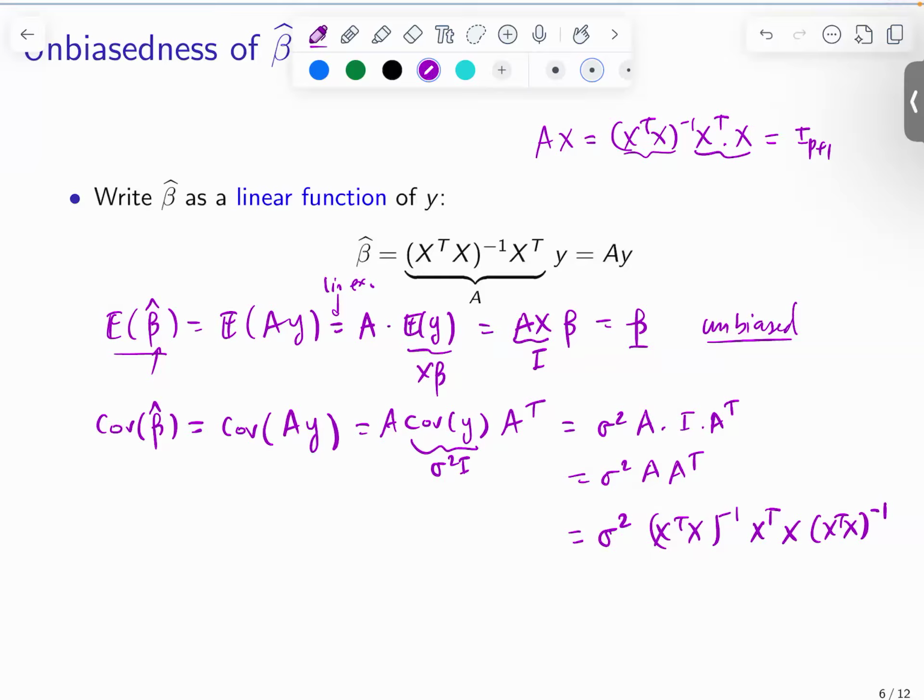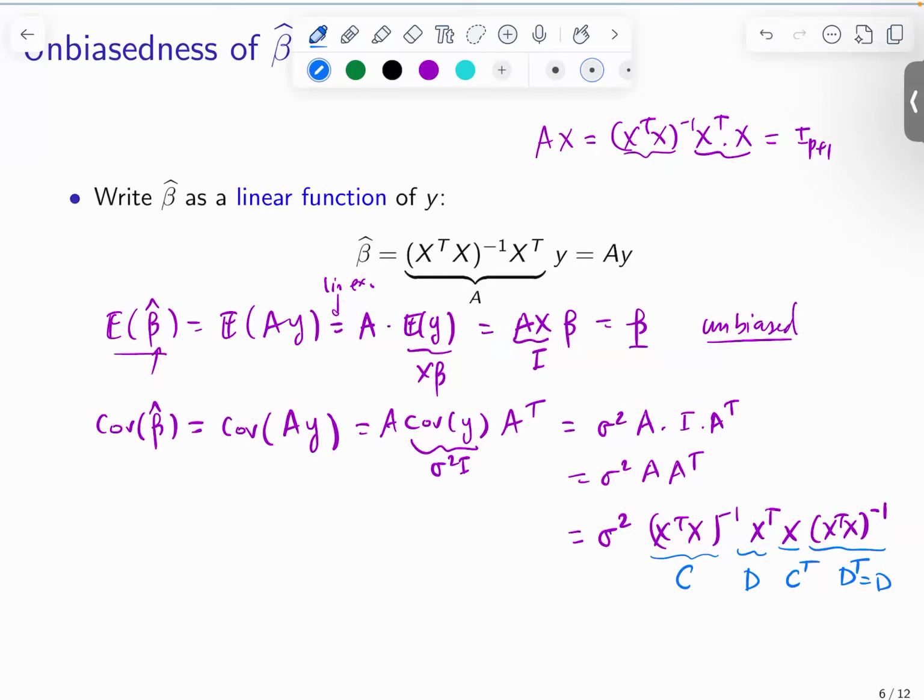There's the product of two matrices. Let's say this one is C and this one is D. The transpose would be C transpose, D transpose. But D transpose is going to be the same as D because it's a symmetric matrix, because X transpose X is symmetric and the inverse would be symmetric. So that's what you get.